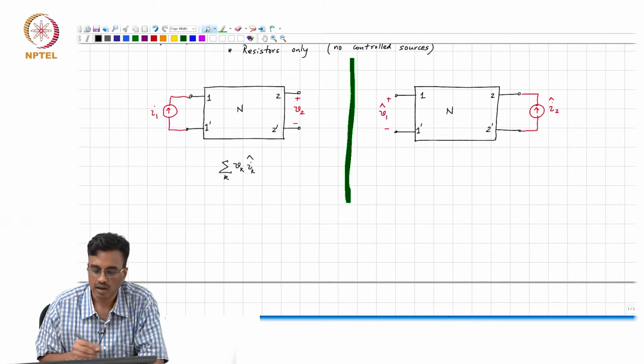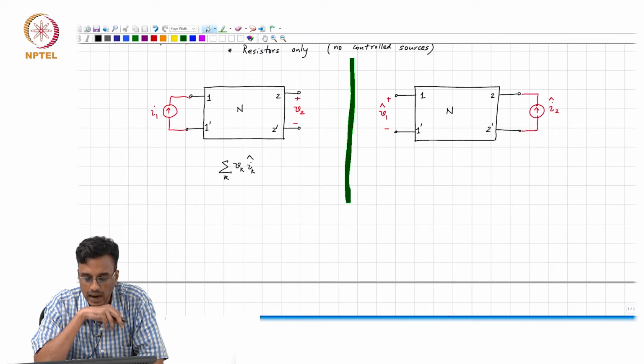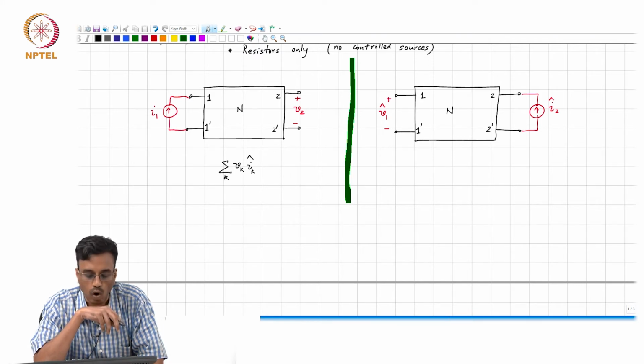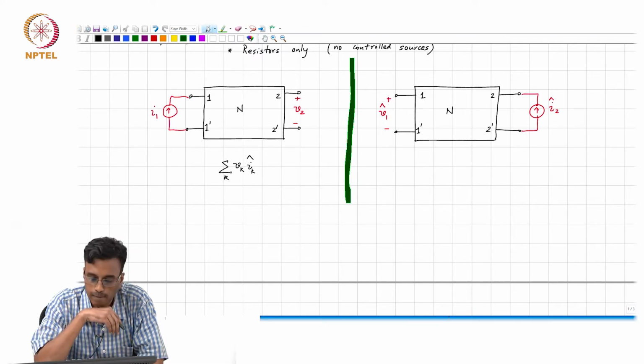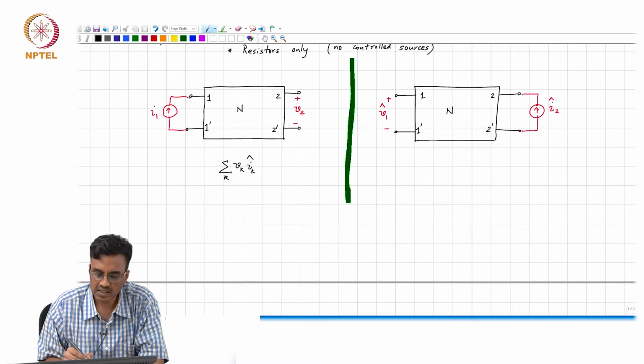If I want to form the product Vk Ik hat for all the branches in this entire network, you have this which corresponds to the internal branches.